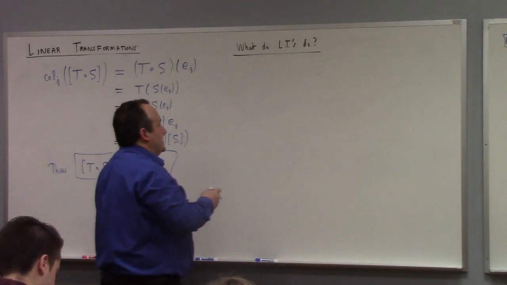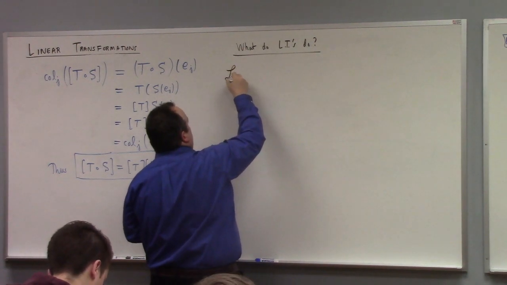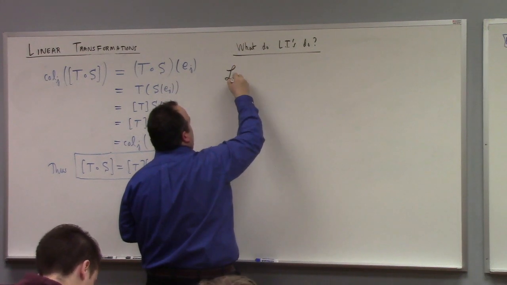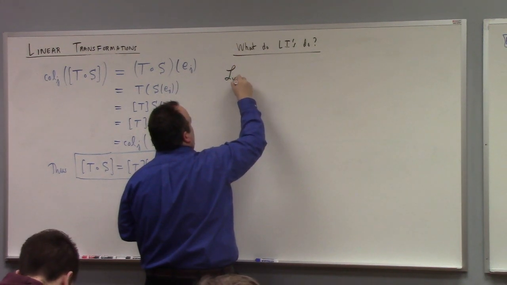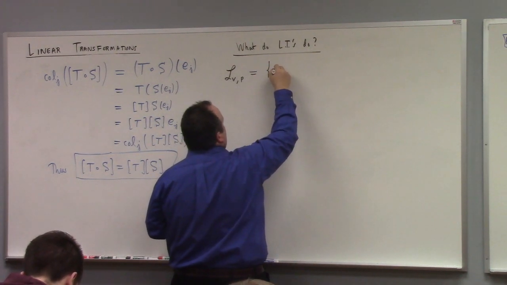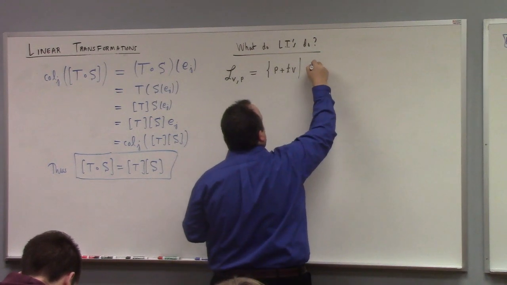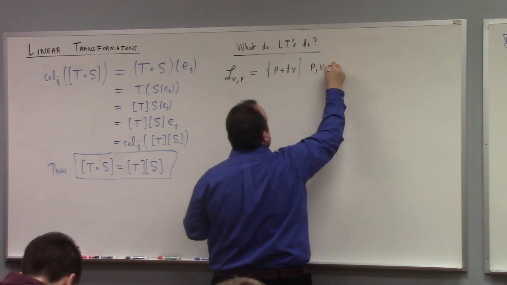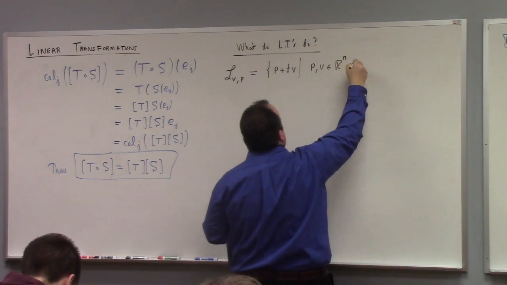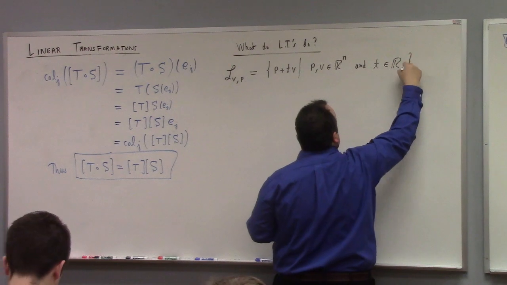So one of the first things I always work through is this. If L is a line with direction vector v and let's say base point p, let's say that that's a notation. So here I'm talking about p plus tv such that p and v are elements of, let's say, Rn, and t is a real number, right?